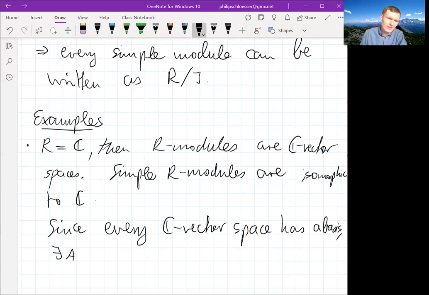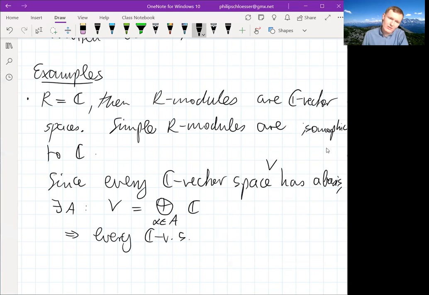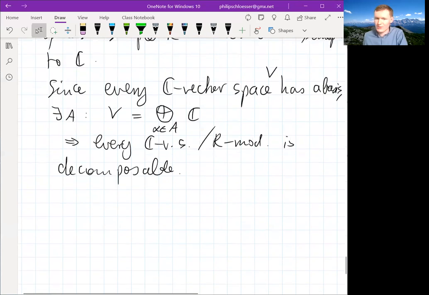There is an index set such that we can write our vector space V just as the direct sum of C. So in particular, every C vector space, or R-module, is decomposable.